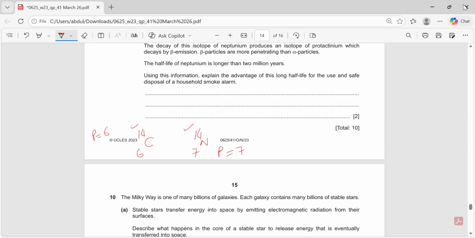How many neutrons are there in nitrogen? 14 minus 7, 7. How many neutrons are there in carbon? 14 minus 6, 8. Now see, the number of protons is different, the number of neutrons is different, but their nucleon numbers are the same. So if the nucleon numbers are the same for two different elements, they will have a different number of protons as well as a different number of neutrons.